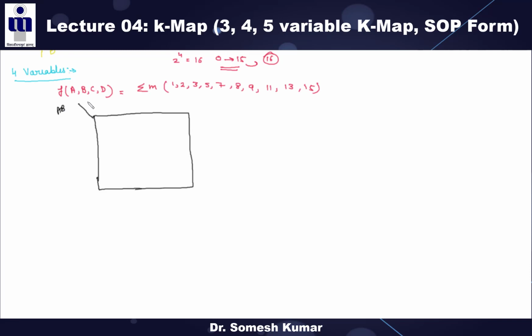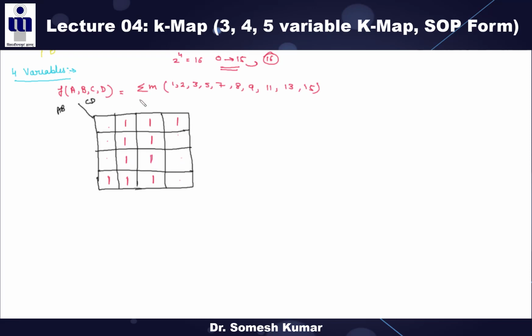A, B, C, D. This is 0, this is 1, this is 2, this is 3, this is 4, this is 5, this is 6, this is 7, this is 8, 9, 10, 11, 12, 13, 14, 15.